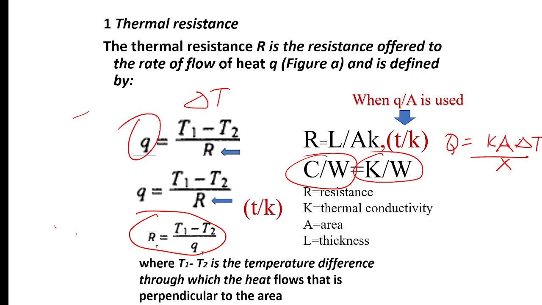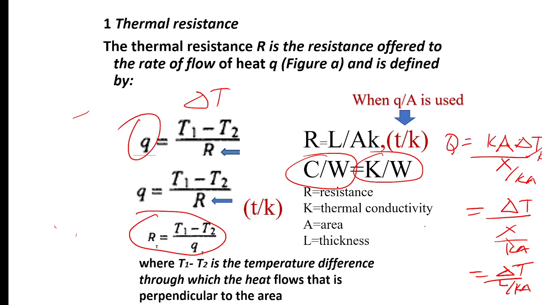So if we are going to derive this, we divide both sides by KA, and here is KA. So it's going to be delta T over X, or L over KA. So delta T over L over KA.